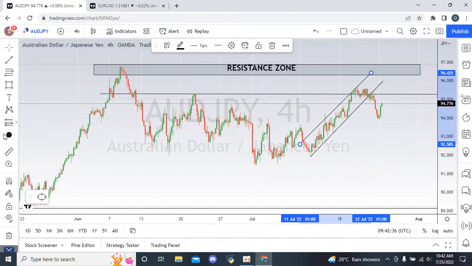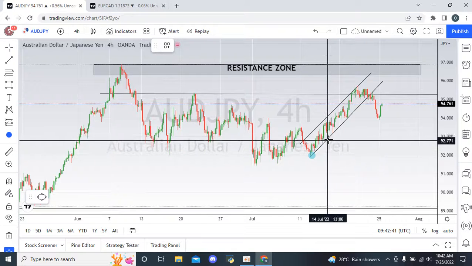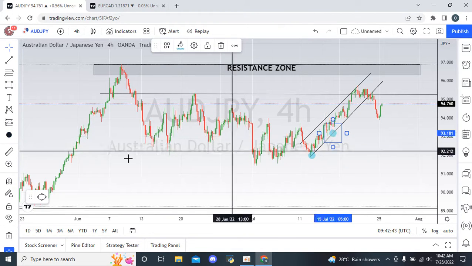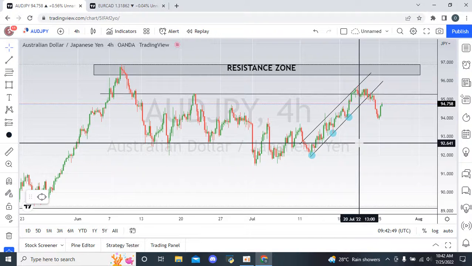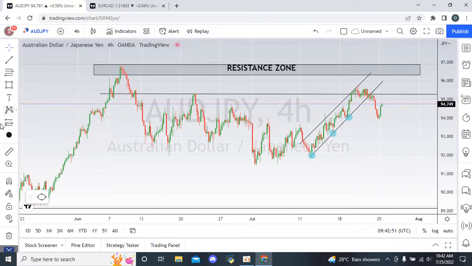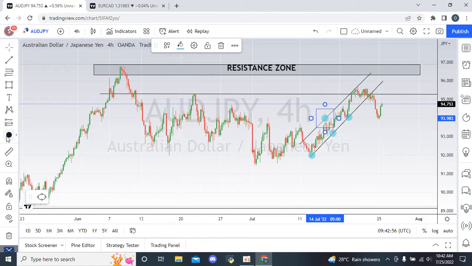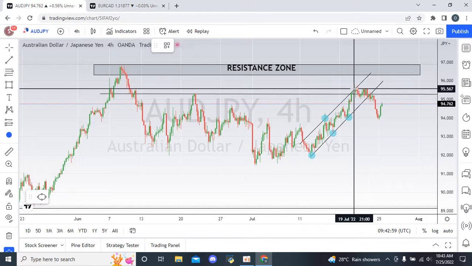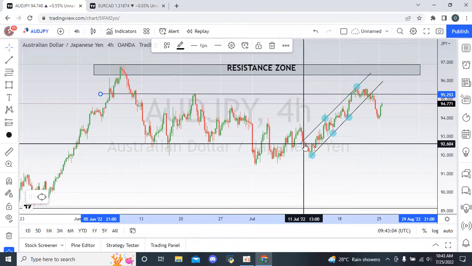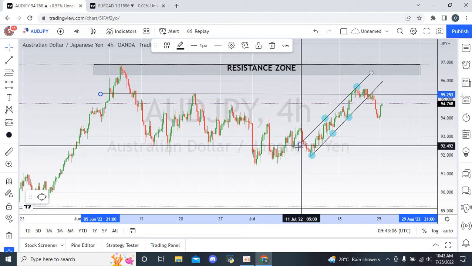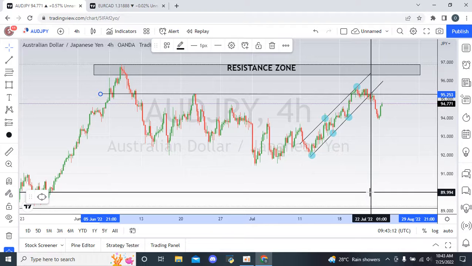Don't forget the rule: it must touch at least two higher highs or two higher lows. So considering the higher lows, we can identify 3 key points where the price has tested the trend line. Considering the higher highs, we can identify 2 key points. I don't want to consider this particular point since it seems like the position where the price in the past broke out of a trend.